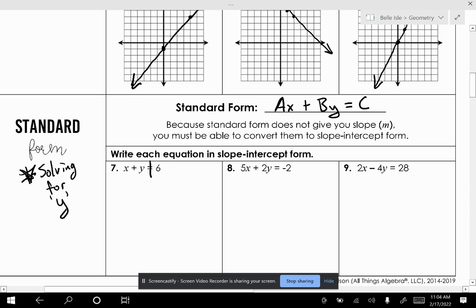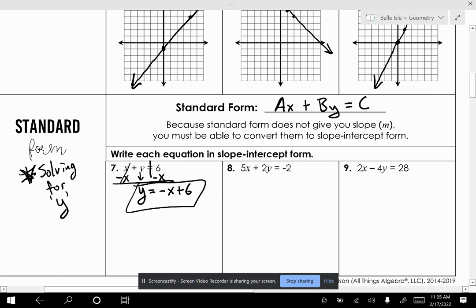It's a positive x, so we're going to subtract x from both sides. Bring the y down, the x's cancel out, and that gives us y equals negative x plus 6. Either way, but that is not technically in slope-intercept form.